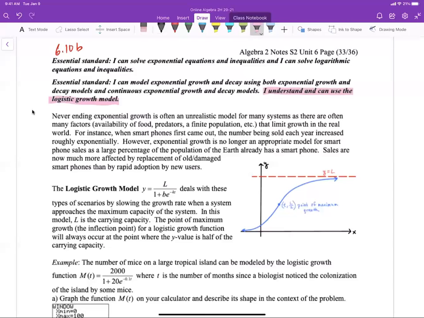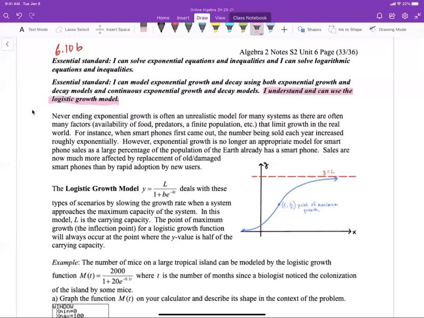For example, availability of food or predators or some finite population that will limit the growth in the real world. So the whole point of these models is we're trying to develop functions that we can use to predict what's happening in the future. We can't grow exponentially forever in certain situations.